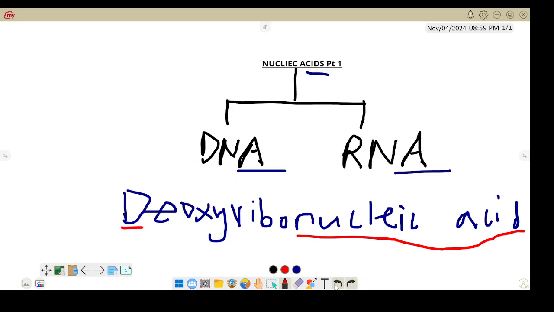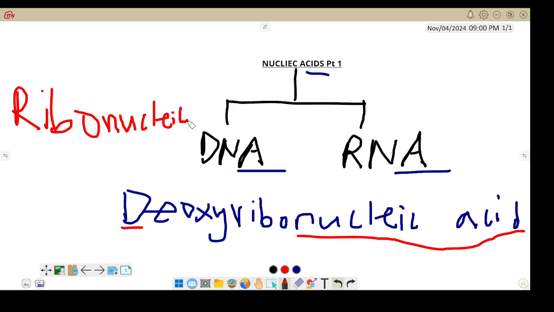DNA stands for deoxyribonucleic acid. And what does RNA stand for? RNA stands for ribonucleic acid. I don't even have much space.